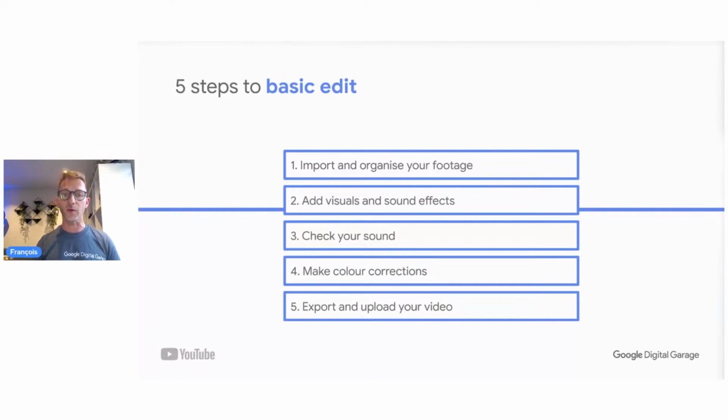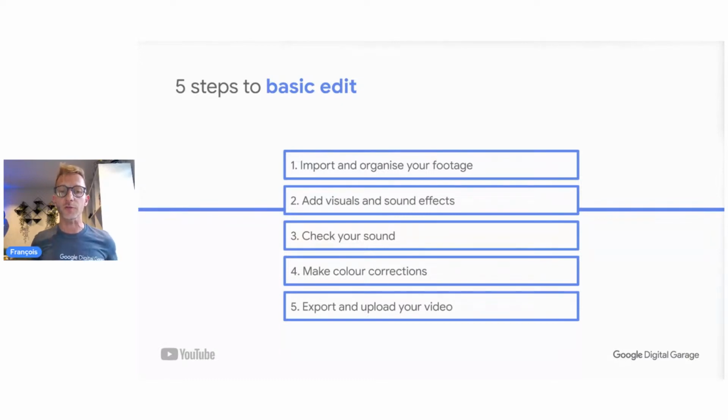You add some effect, you add some transition between scenes, and you check your sound. If the volume is too low, very quickly you can increase the volume. You don't always have to re-record yourself. The software will help you to increase this bit of volume, maybe for a few minutes only, for that video.